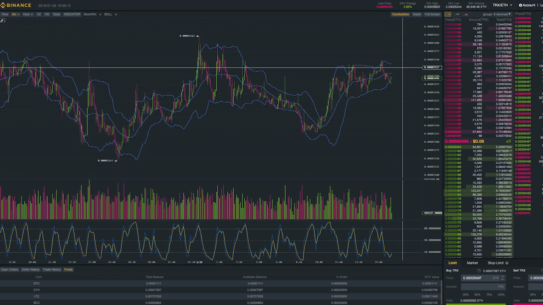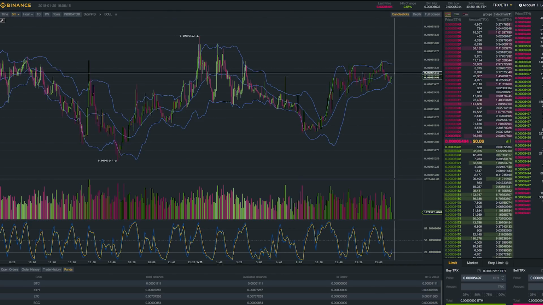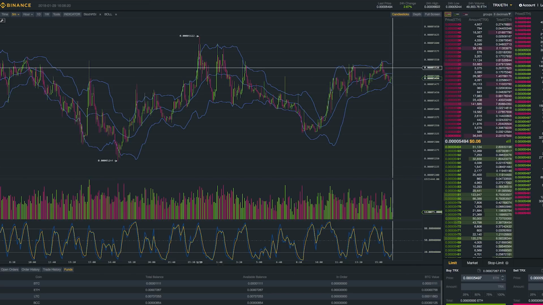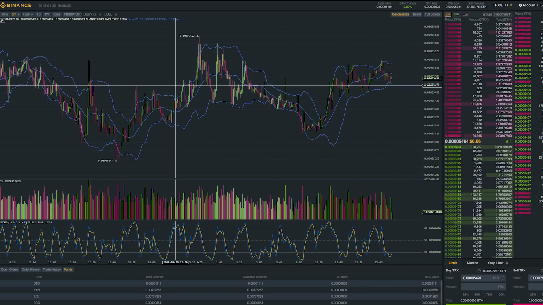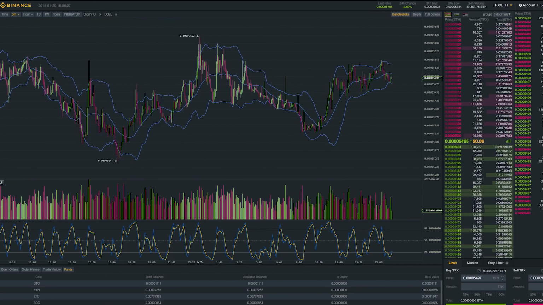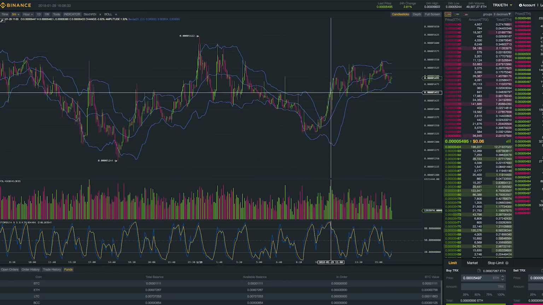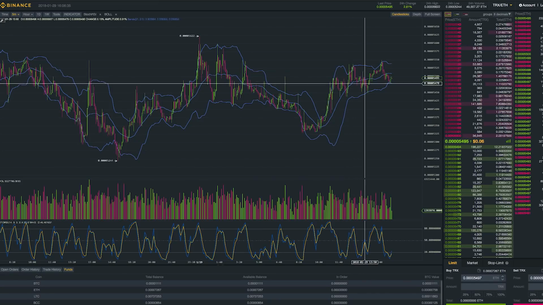So a lot of people are making a lot of money every day just day trading, even a dying coin. Even this coin, the TRX, that people are bailing out of, you can make money on if you know how to day trade it. So if you haven't already, you can click the link in the description to sign up for Binance, and you can send Ether or Bitcoin over to your funds and try it out.